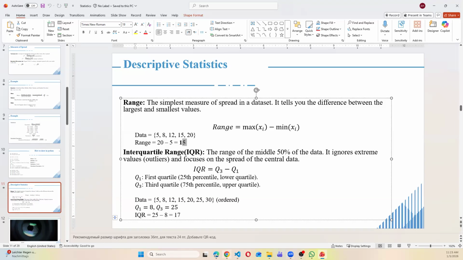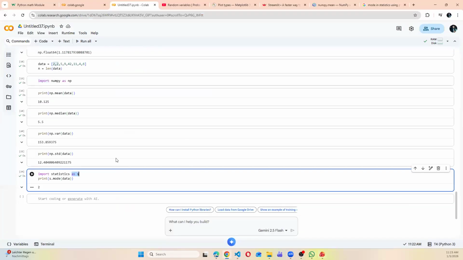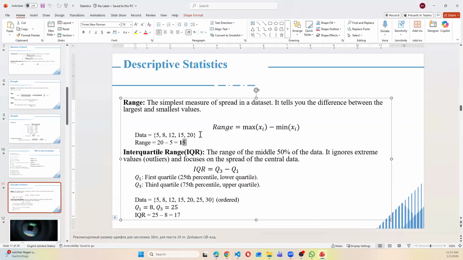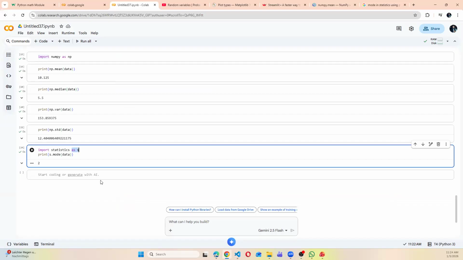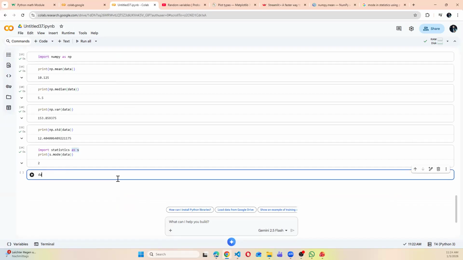For this one, you will just have the same data. Let me copy paste the data. If I say data2 is equal to this list of numbers.